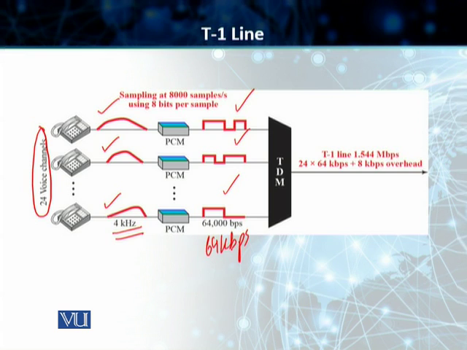I keep on repeating this, so please make sure that you remember this. In the analog format, the analog bandwidth of a voice channel is 4 kilohertz. When you do PCM at 8 bits per sample, this is important, you come up with a digital channel which has a 64 kilobits per second data rate.